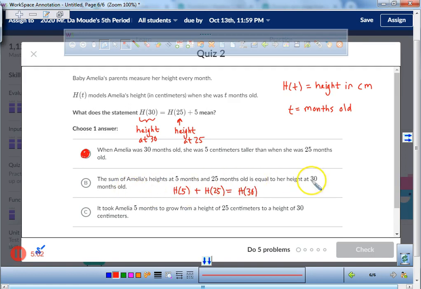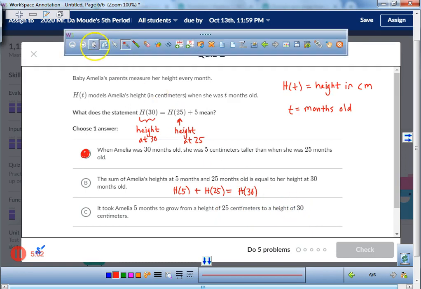That's what it would be if I wanted to write an equation to match that sentence. And then this one says it took Amelia 5 months to grow from a height of 25 centimeters to a height of 30. That doesn't match up with anything. So I'm going to go with answer choice A.